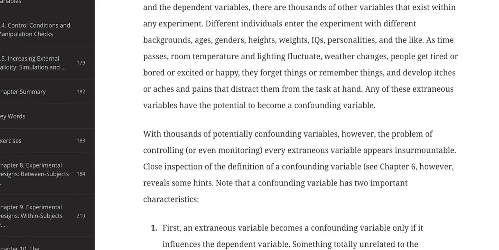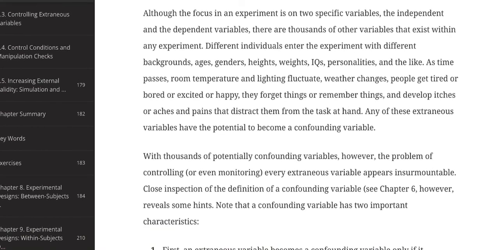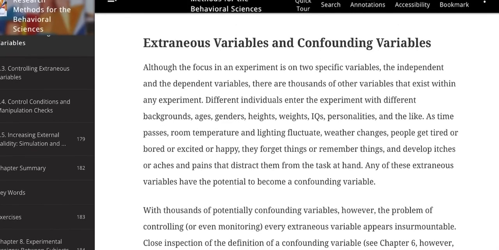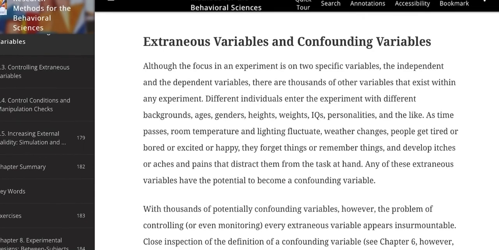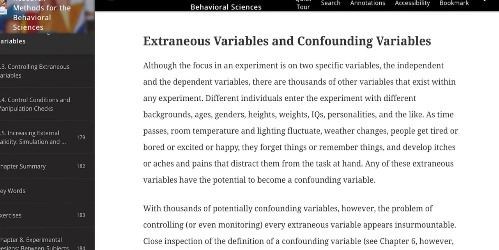I did want to talk about this real quick from your book, where it says, although the focus of an experiment is on the two specific variables, the independent and the dependent, there are thousands of other variables that exist within an experiment, and different individuals enter the experiment with different backgrounds, ages, genders, heights, weights, IQs, personalities, all of that.